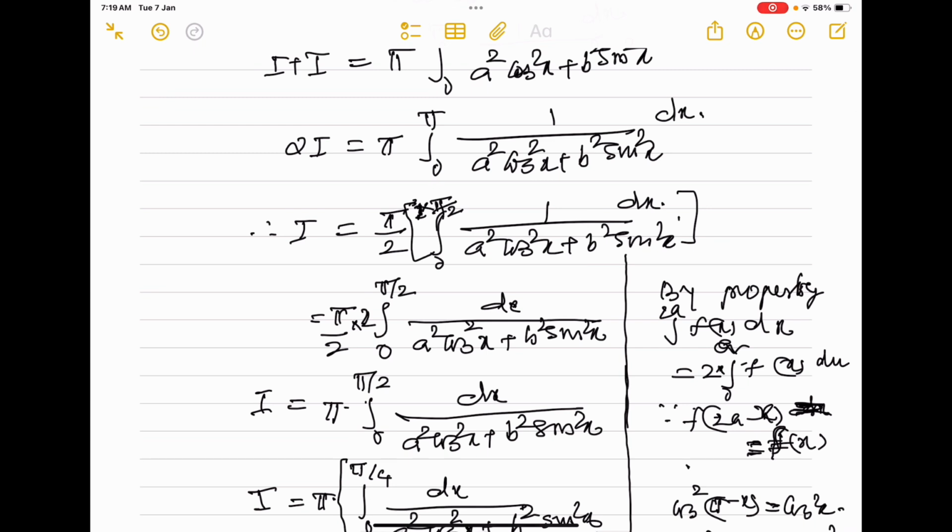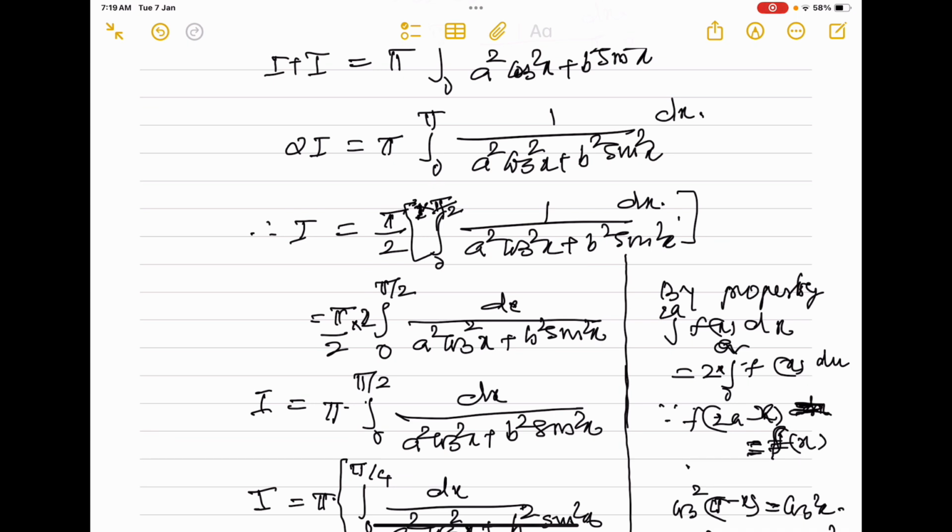Cos square (pi minus x) is equal to cos square x, and sin square (pi minus x) is equal to sin square x. As cos (pi minus x) is negative cos x, its square is cos square x. Sin (pi minus x) is sin x, its square is sin square x.